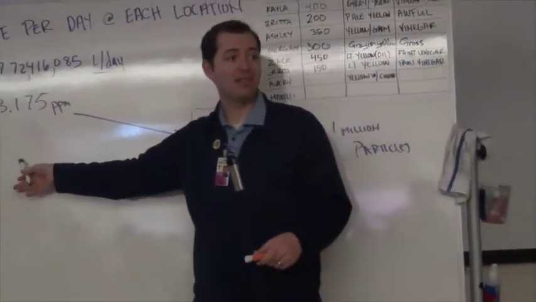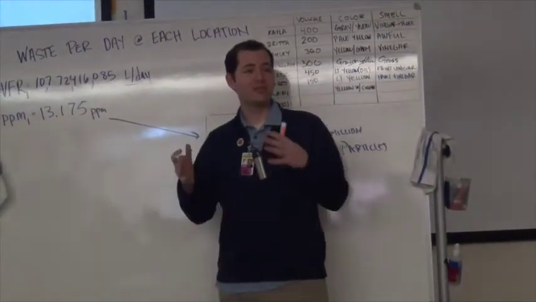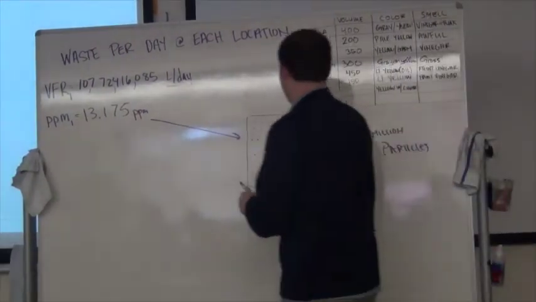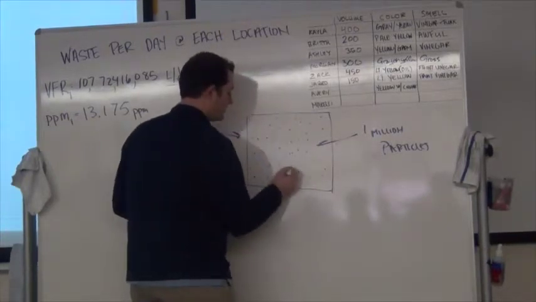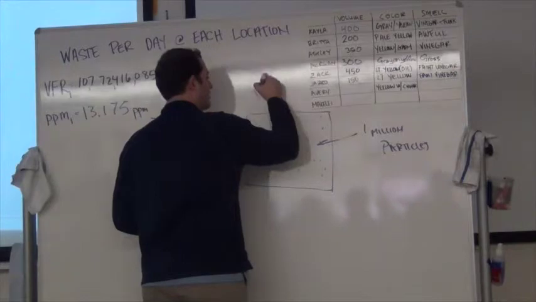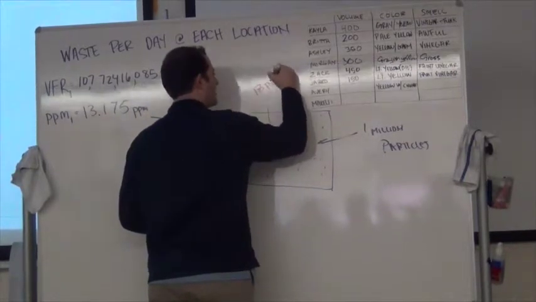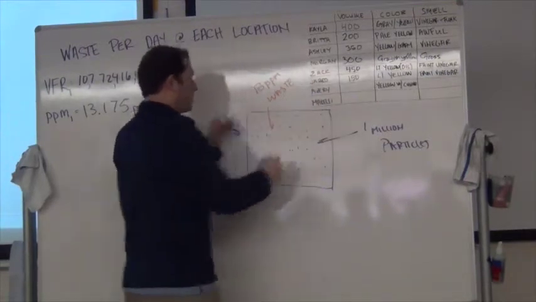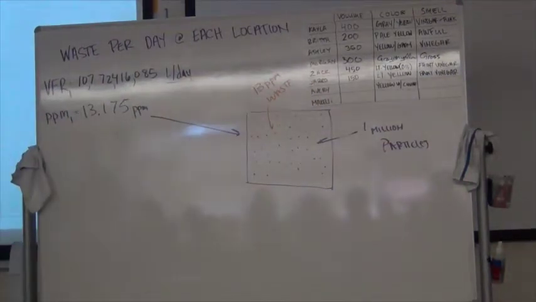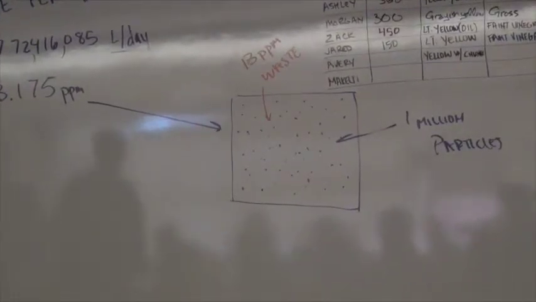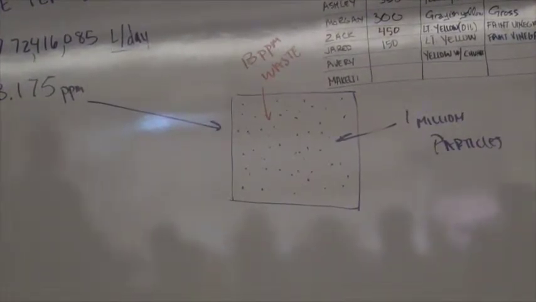Obviously I can't have a 13.175, so it doesn't work when we're looking just at 1 million, but I would have 13. So I would have 13 parts per million waste. If I have 1 million things, there's going to be 13 of them that are waste in that situation. That's kind of what that means.